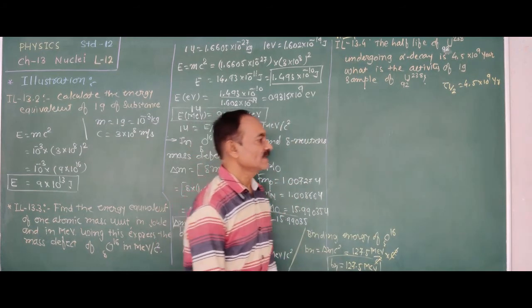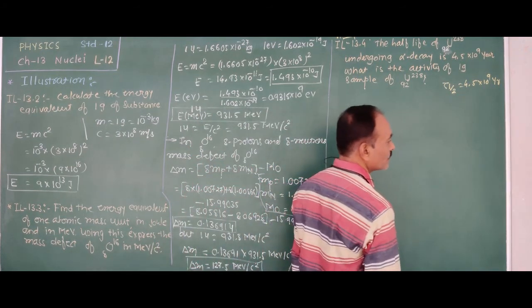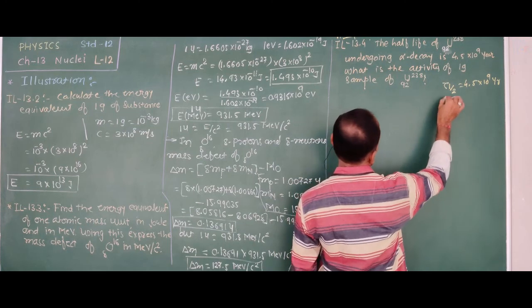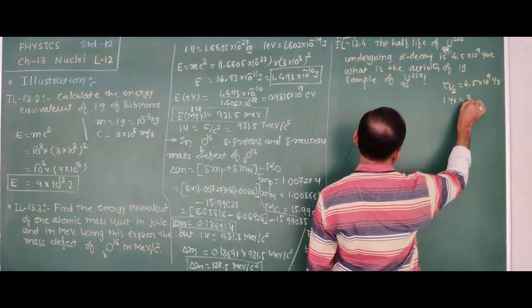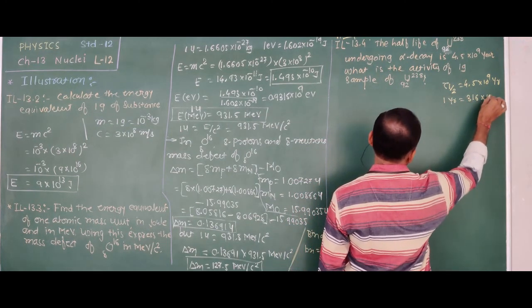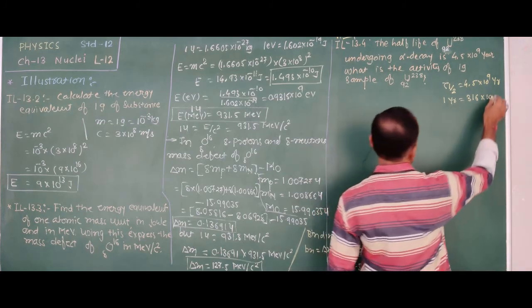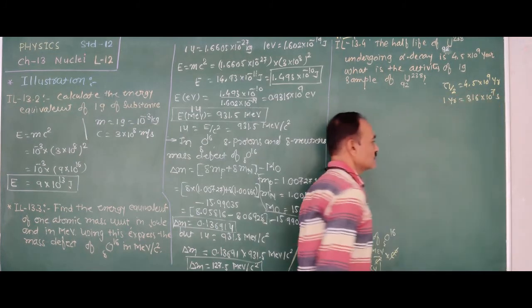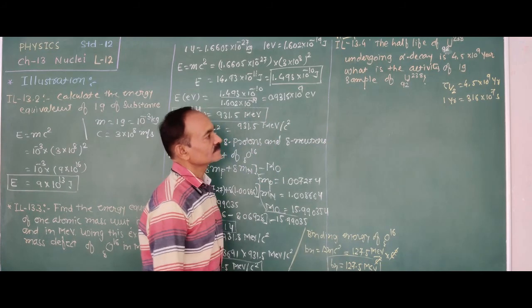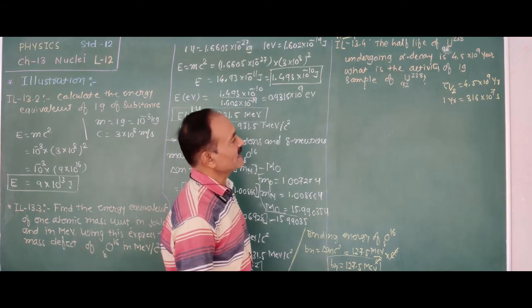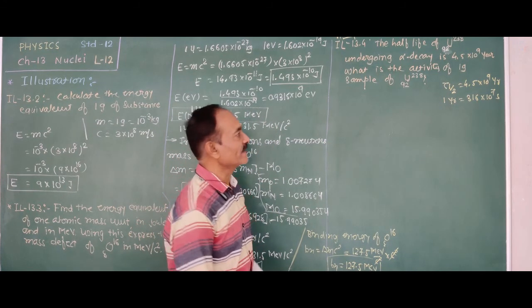Now we know that 1 year is equal to 3.16 into 10 raised to 7 second. Therefore, first we have to convert the tau half into second.